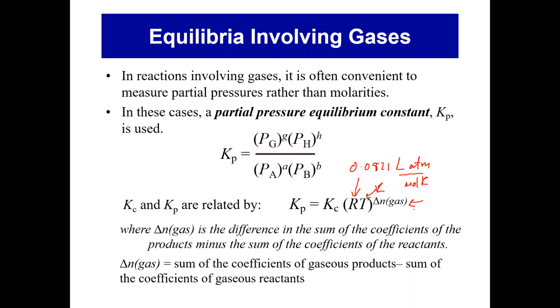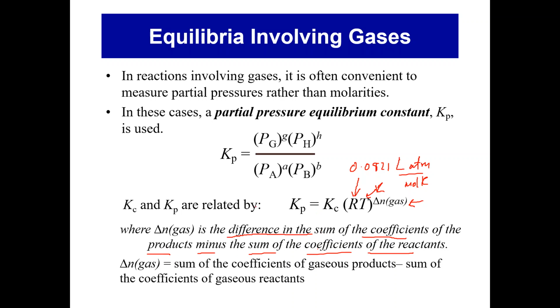Delta N here is basically, as stated here, the difference in the sum of the coefficients of the products minus the sum of the coefficients of the reactants.